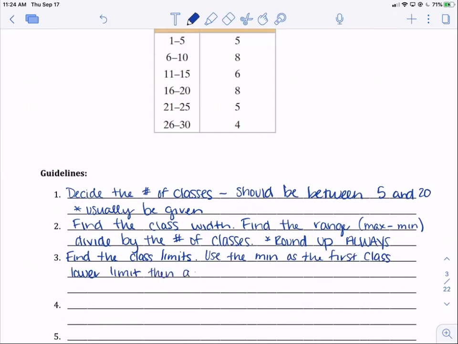Then add the class width to find the next lower limit. And then we're just going to fill in the upper limits.